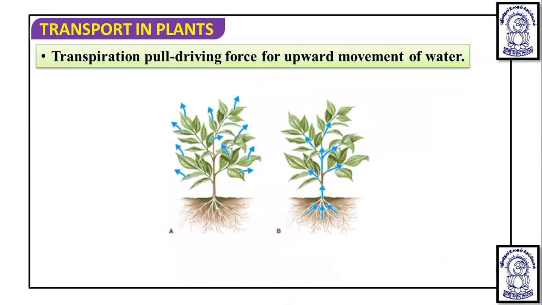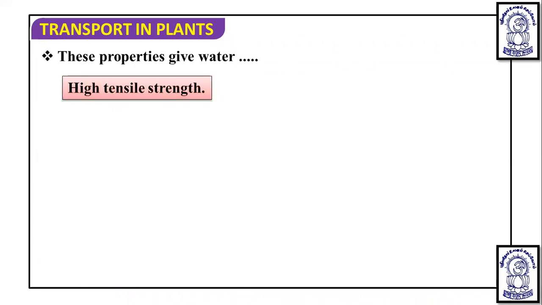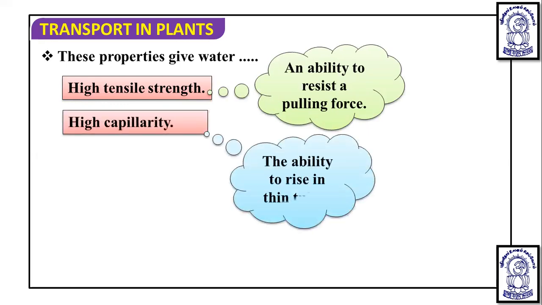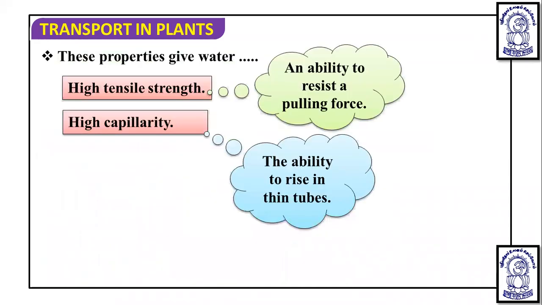So transpiration pull is the driving force for the upward movement of water in the majority of plants. These properties ultimately give water high tensile strength and high capillarity, and due to this the water column is maintained.